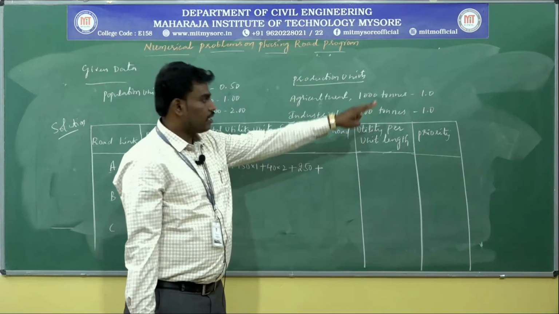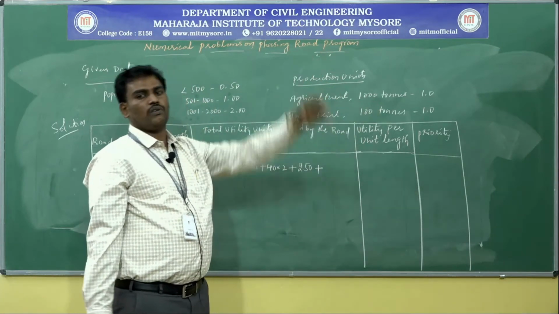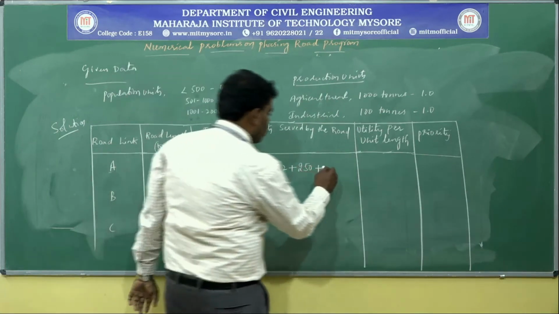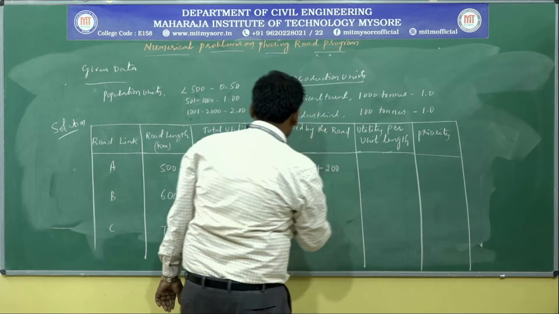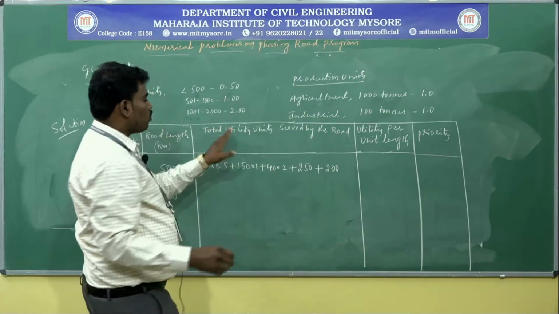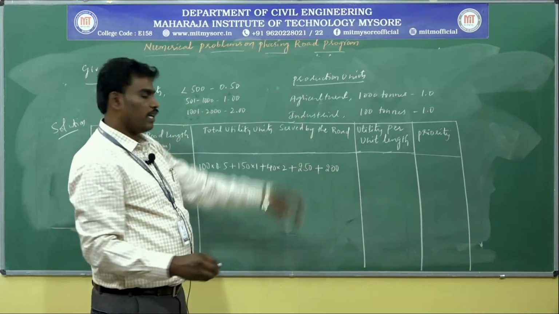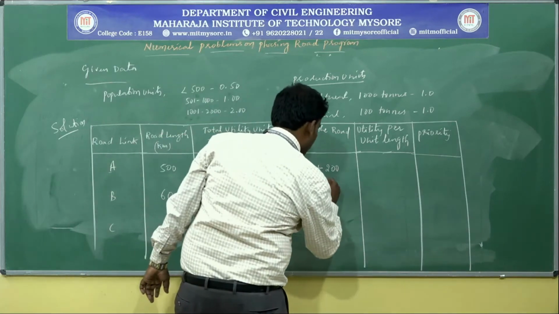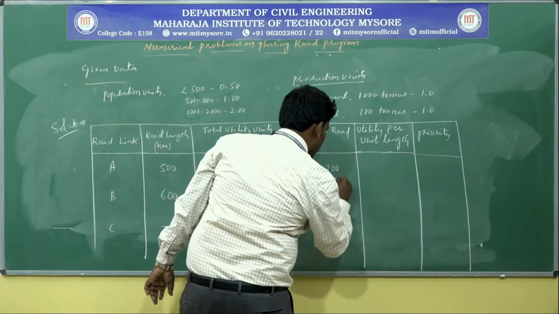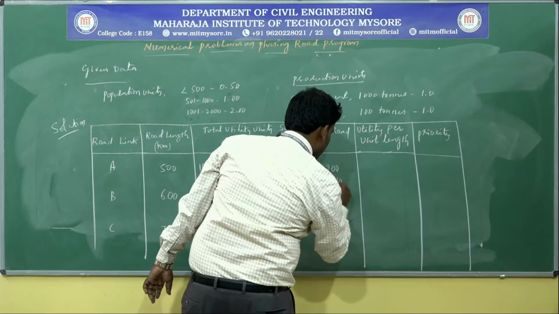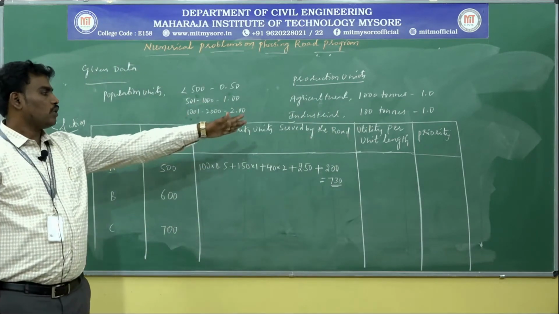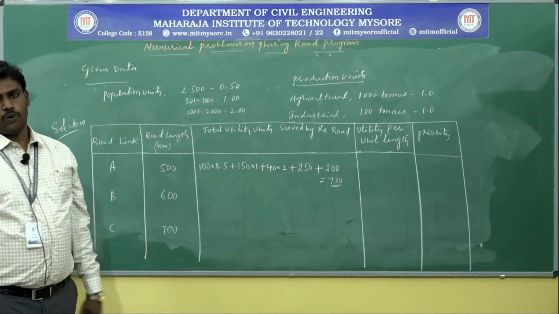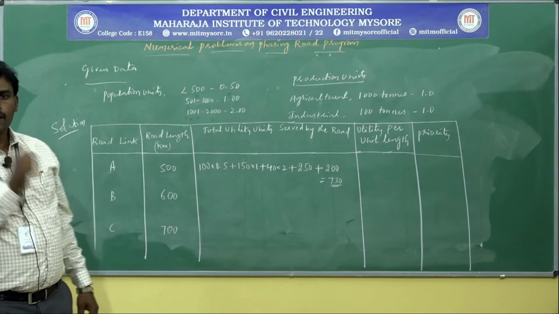The summation of all this will give the total utility units served by the road. It is about 730. 730 is the total utility units served by the road.